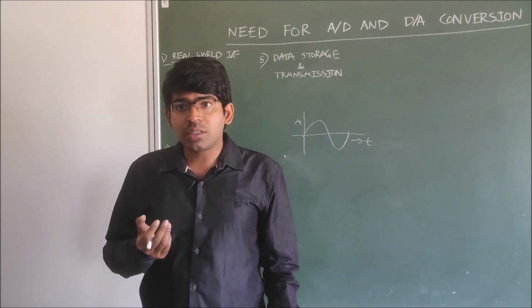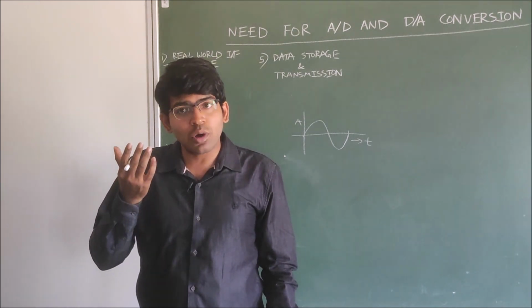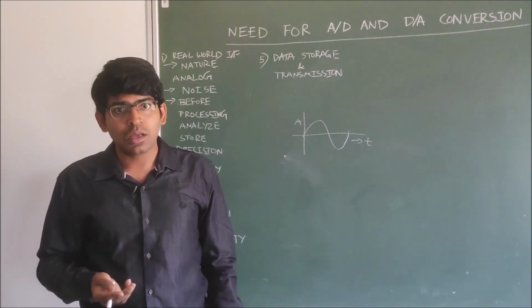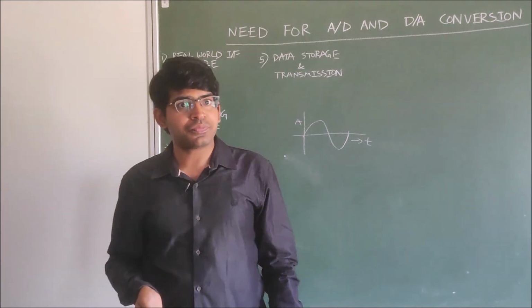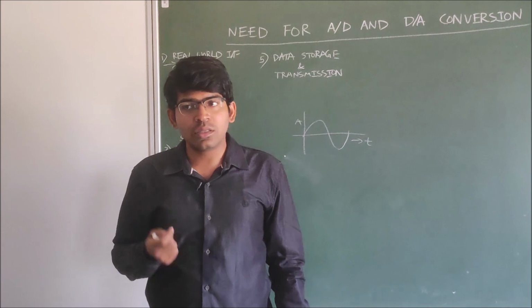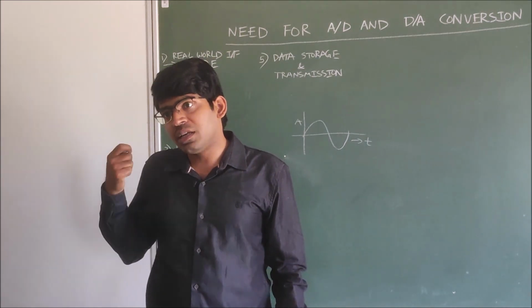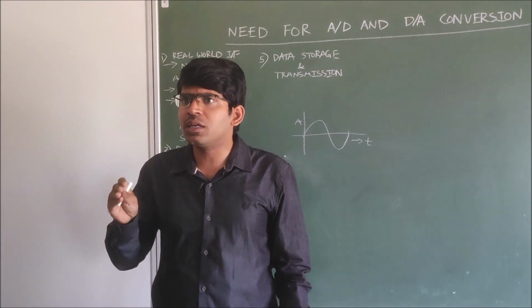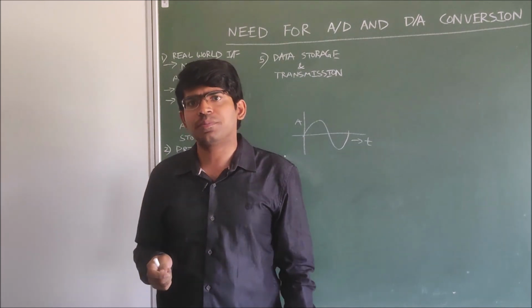There are many signals which we observe through our 5 senses in nature. The chalk piece I am touching is an analog signal. This information my skin is carrying. So these types of analog signals are abundant in nature.